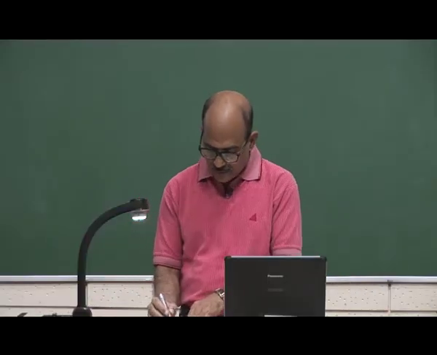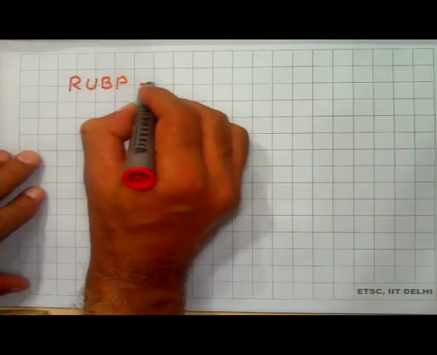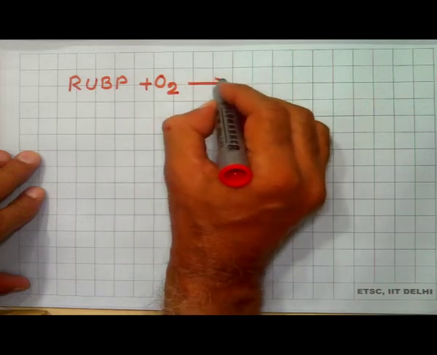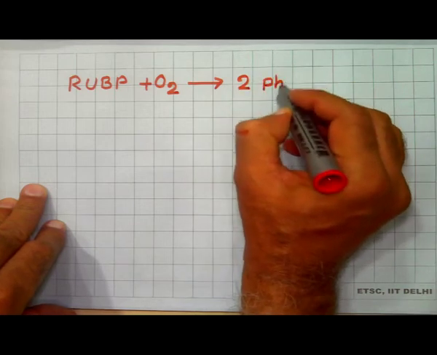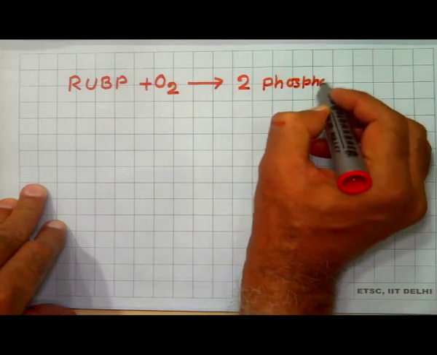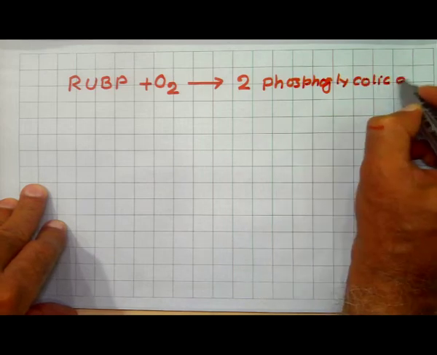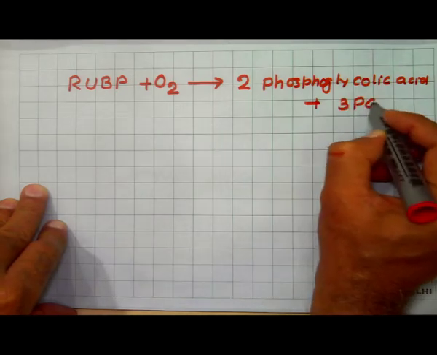The RUBP combined with oxygen, it forms 2-phosphoglycolic acid and 3-PGA.